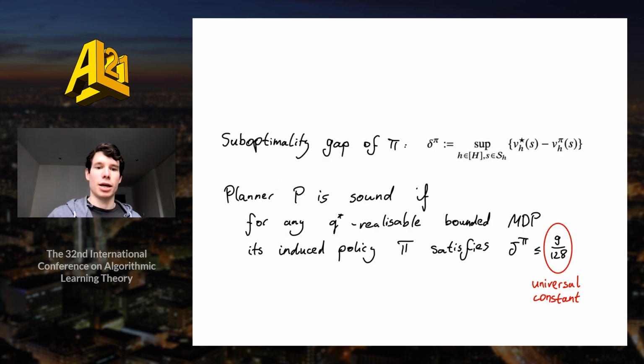What we want is that this policy should be close to optimal, and for that we define the suboptimality gap of any policy pi to be the value that we lose out on by following the policy pi instead of following the optimal policy pi star, which would have value v star. And we also say that a planner is sound if for any Q star realizable bounded MDP, the planner's induced policy satisfies that this suboptimality gap is at most a constant.